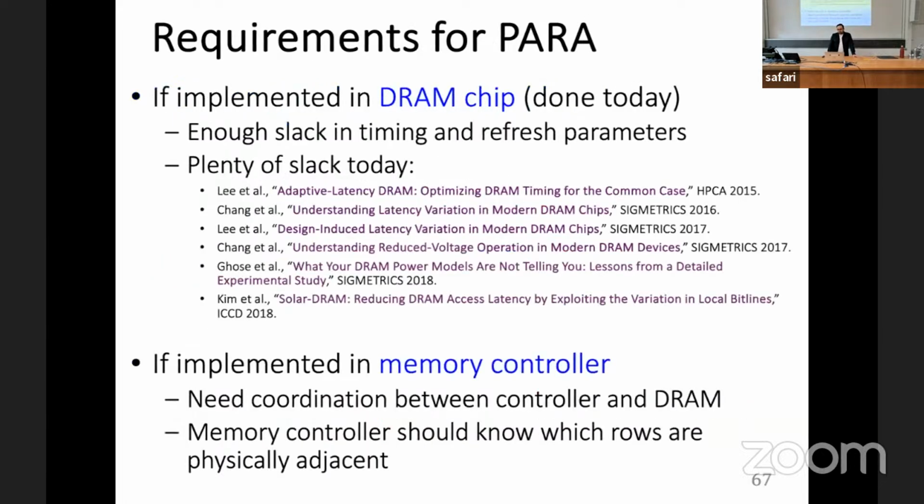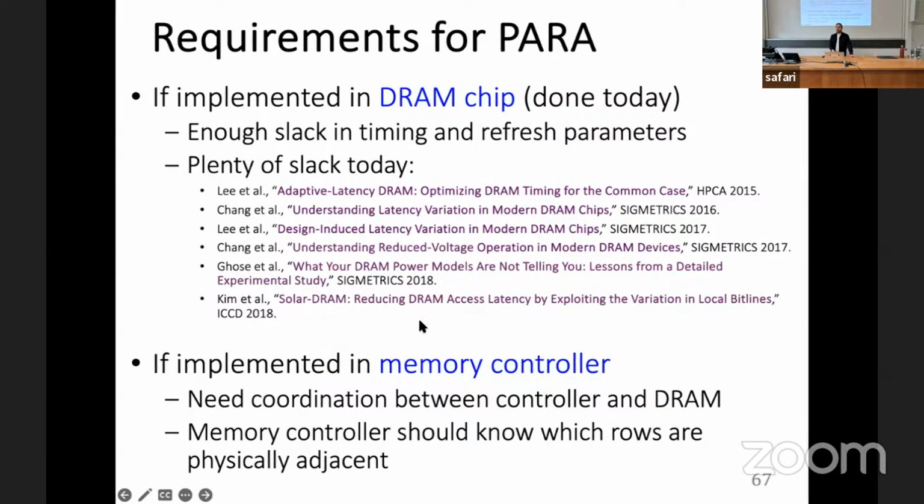And if implemented inside the DRAM chip, which is done today, you basically need enough time slack to perform those refresh operations. And there's plenty of slack today that we showed in several other papers, some of which we might cover in the following weeks.